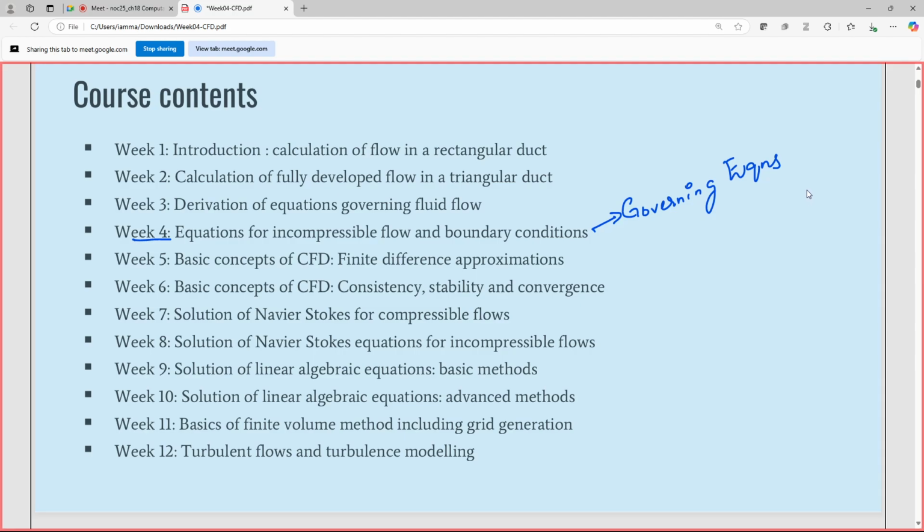So these particular equations will be discretized to establish the CFD of the respective problems. So let's move on to our session.